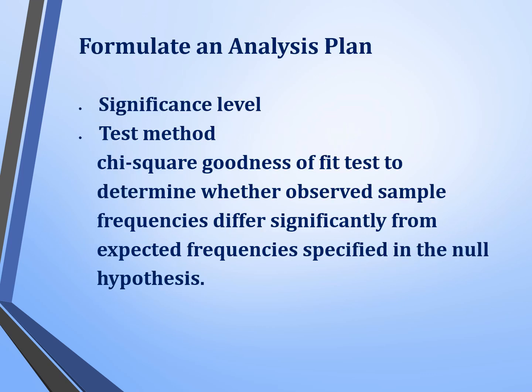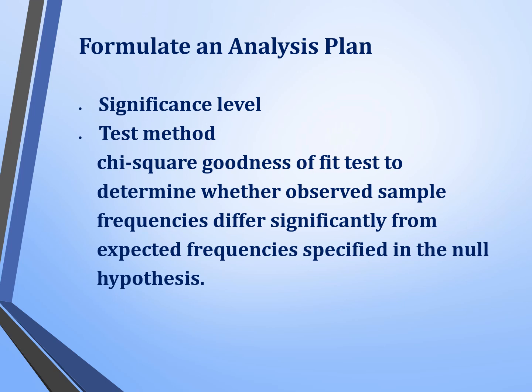The second step is to formulate an analysis plan to describe how to use sample data to accept or reject the null hypothesis. And here the following elements should be specified. First, you should specify the significance level. Researchers often choose 0.05 as level of significance, but as we said before, any value between 0 and 1 can be used.